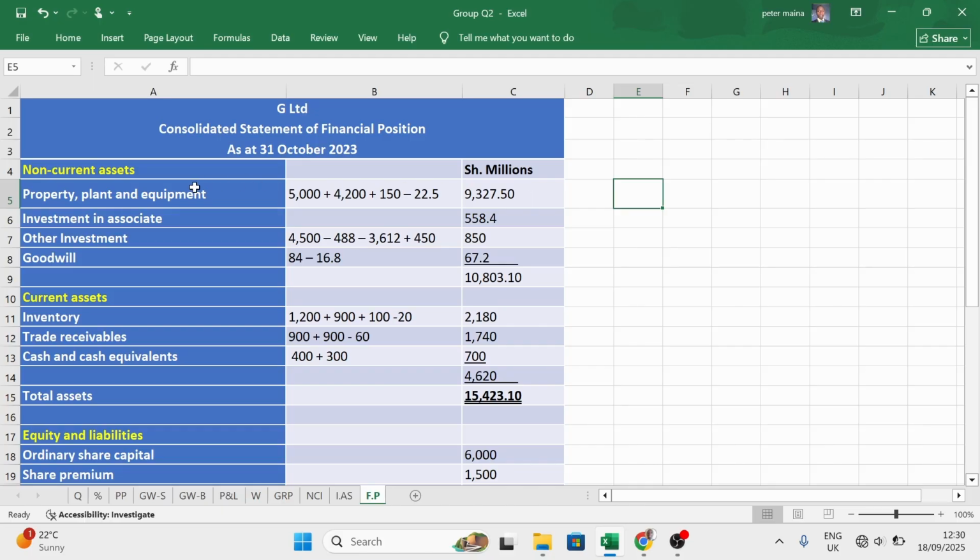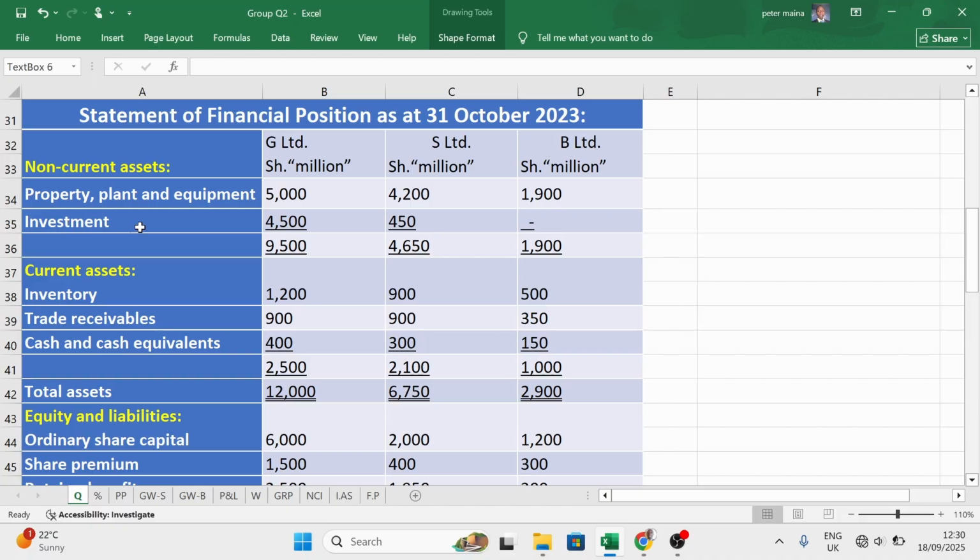So back to the question. We have investment, 4,500 for parent, 450 for subsidiary. During consolidation, we are supposed to add these two, and we are supposed to deduct the price G Limited paid to acquire S and the price G Limited paid to acquire B Limited.